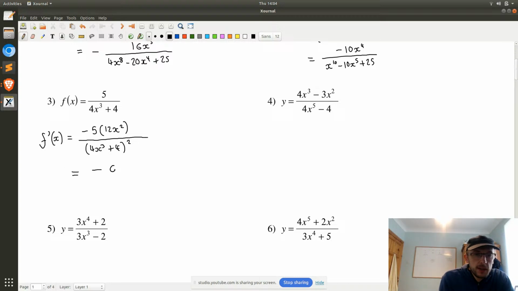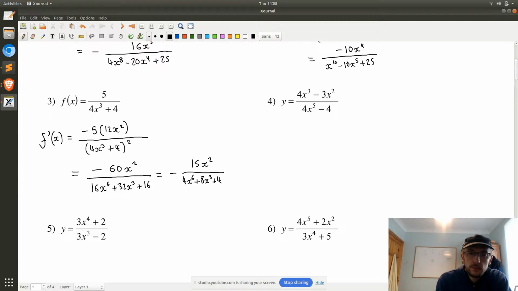So this leads to a nice, beg your pardon, negative 60x squared all over 16x to the 6 plus 32x cubed plus 16. That's nice. And it's all divisible by 4, is it not? Okay, so let's do that.